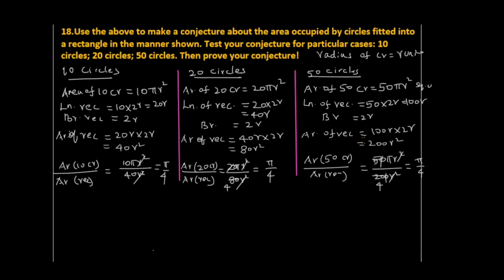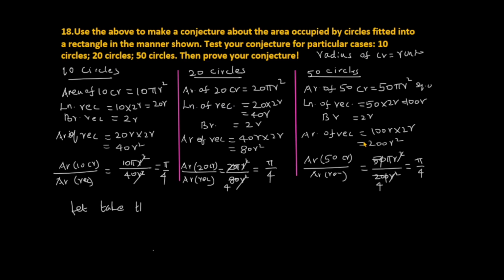If we are finding the general one here, let us take the radius of the circle as r units. So area of n circles, n number of circles, is n pi r squared square units.